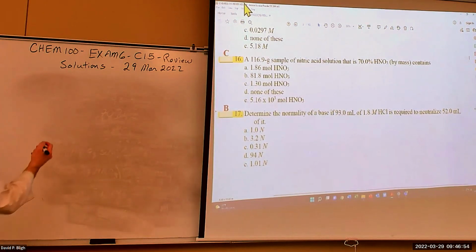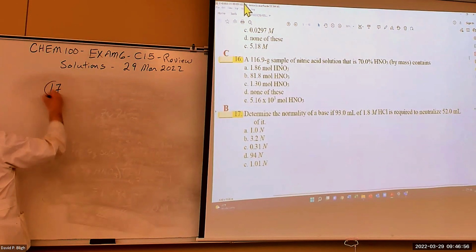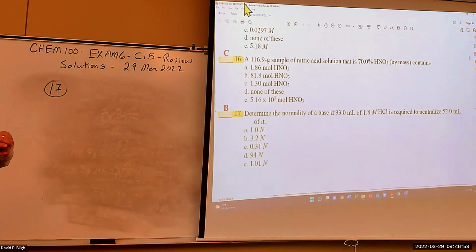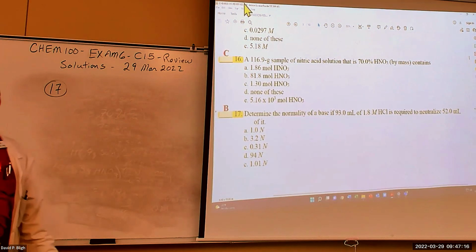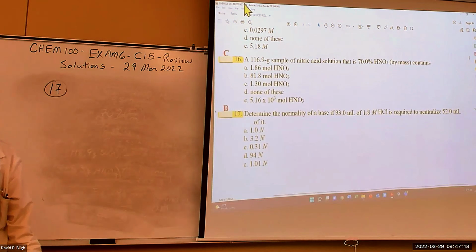Okay, 17. Determine the normality of a base if 93 milliliters of 1.8 molar HCl is required to neutralize 52 milliliters of it. Okay, in this case we're talking about a titration, an acid-base reaction.